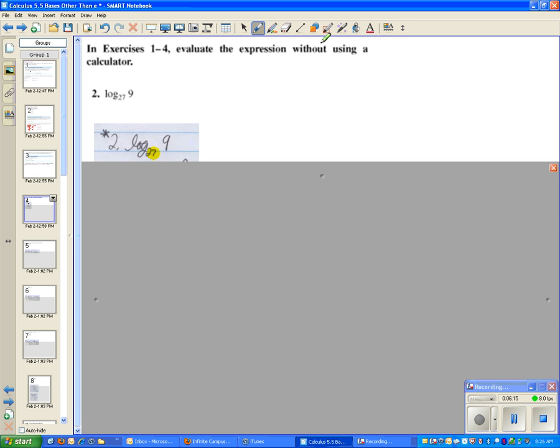Can I write 9 as 27 to the something? 2/3. Because if I take 27 to the 1/3, which is its cube root, I get 3. And then if I square the 3, I get 9. So that's 27 to the 2/3.